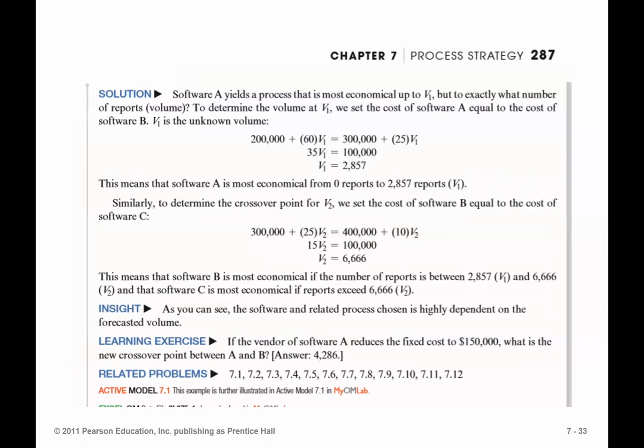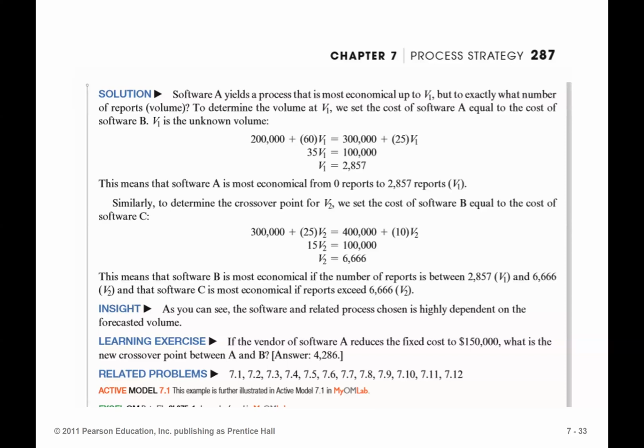All right. So I think I did a particular recording on this because some persons are having difficulties. But anyway, software A yields a process that is most economical up to a point V1, but to exactly what number of reports, or volume, which is your V, right?